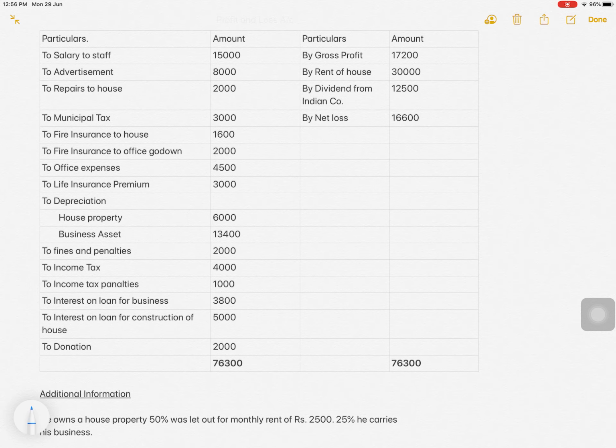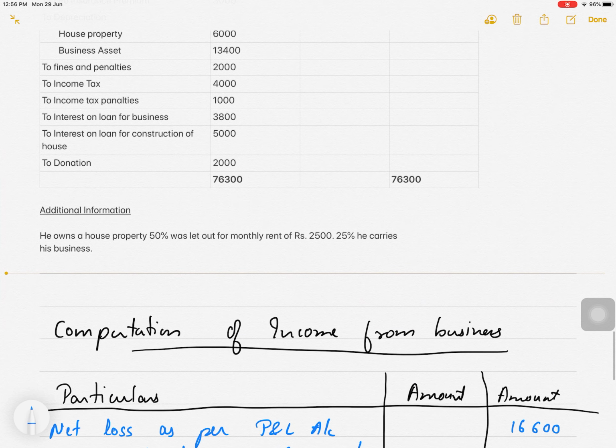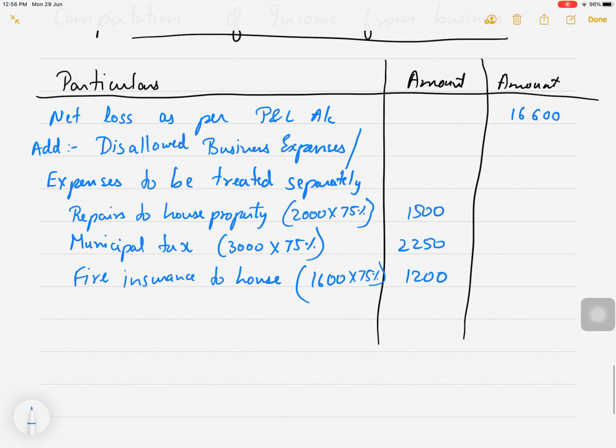Next is fire insurance to office godown, that is a business expense. To office expense, that is a business expense.